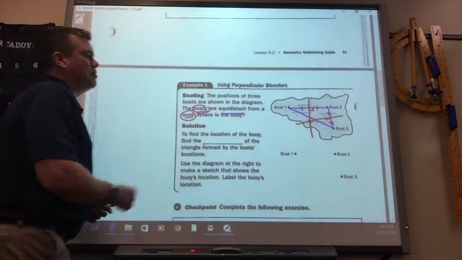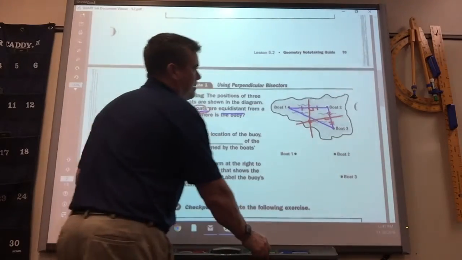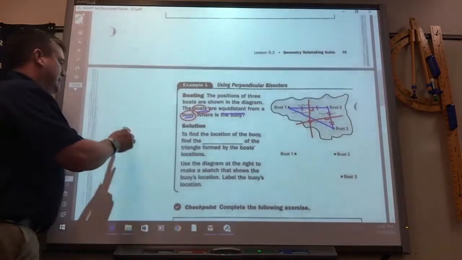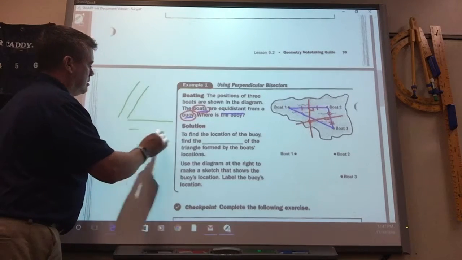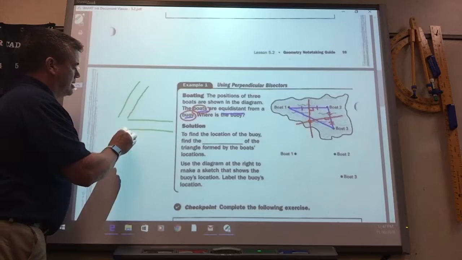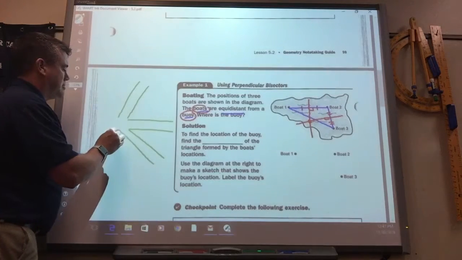An example of a word problem where they'd have the angle bisectors is if they've got some streets. It's not really a great intersection, but say the streets come together like this.